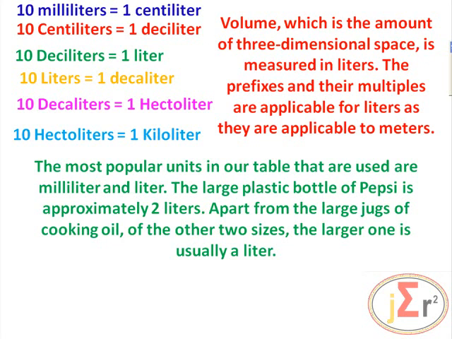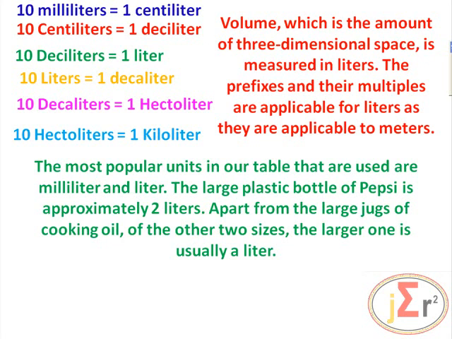So in our regular dealings, we have liters and milliliters. The large bottle of Pepsi is a 2-liter bottle, and then we have your medium-sized bottle of cooking oil, maybe a liter.